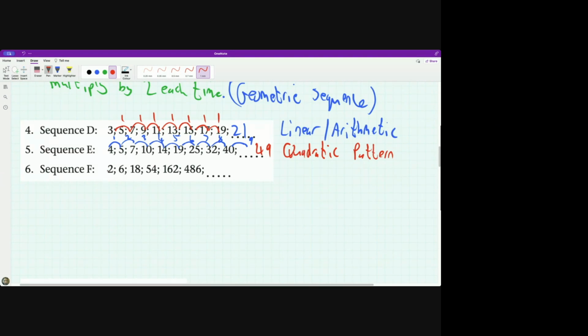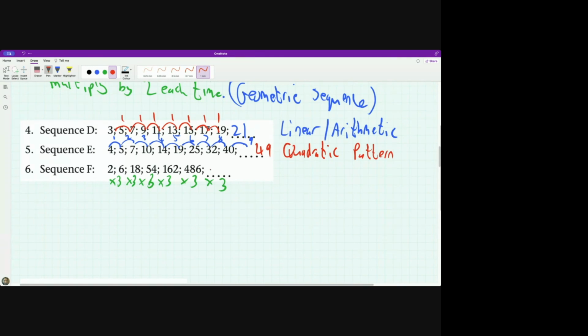What rule? Can somebody give me some words to help me understand what's going on here? It's not doubling. What's happening here? It looks to me like to go from 2 to 6, I multiply by 3. And then I multiply by 3, and multiply by 3, and multiply by 3. I think I'm going to have to just multiply 486 by 3.